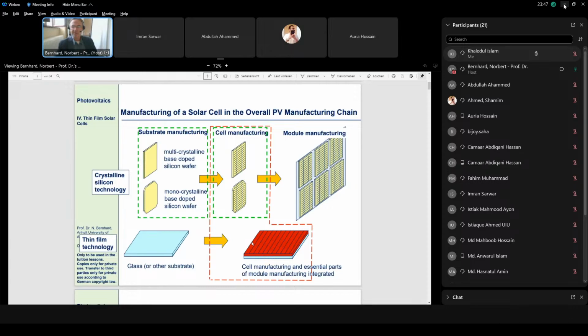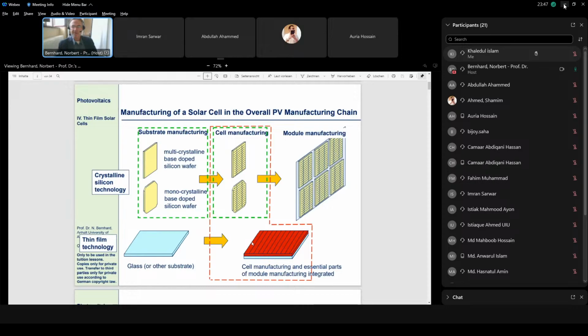The cadmium telluride cell, you see it resembles this structure very much, because from the glass side, which is of course the light incident side, we have again a TCO, which here is either tin oxide or cadmium tin oxide. Then the difference with respect to amorphous silicon is, you see in amorphous silicon we have a PIN structure. Here we have just an NP structure. That means we have an n-doped cadmium sulfide layer, and we have a p-doped cadmium telluride layer.